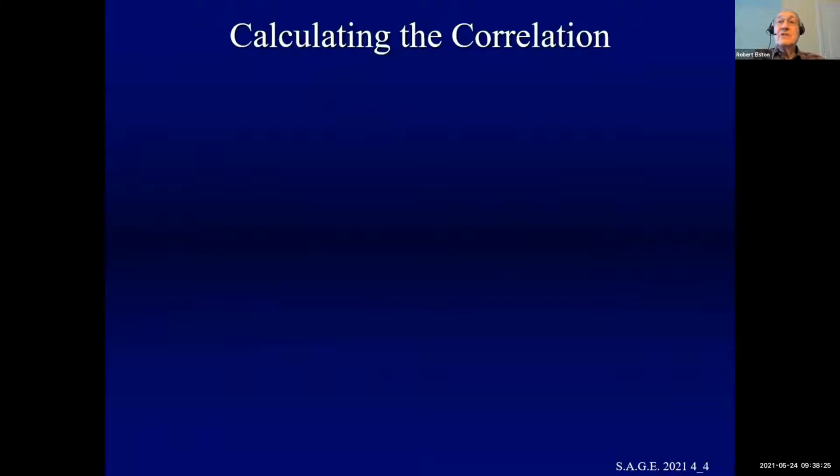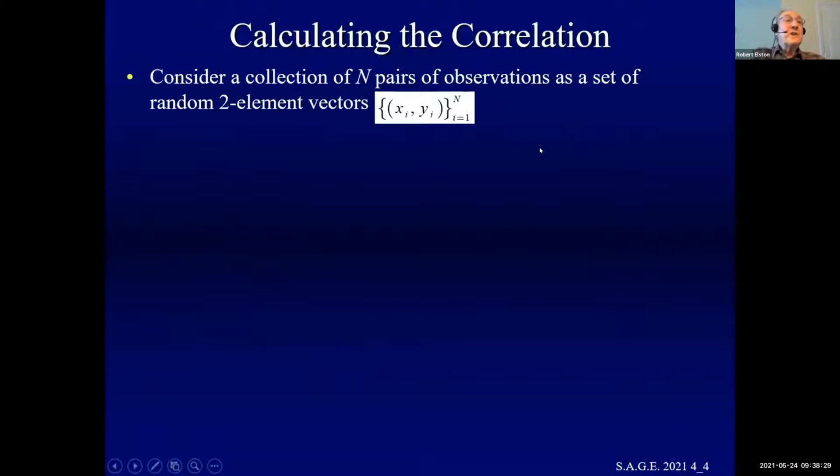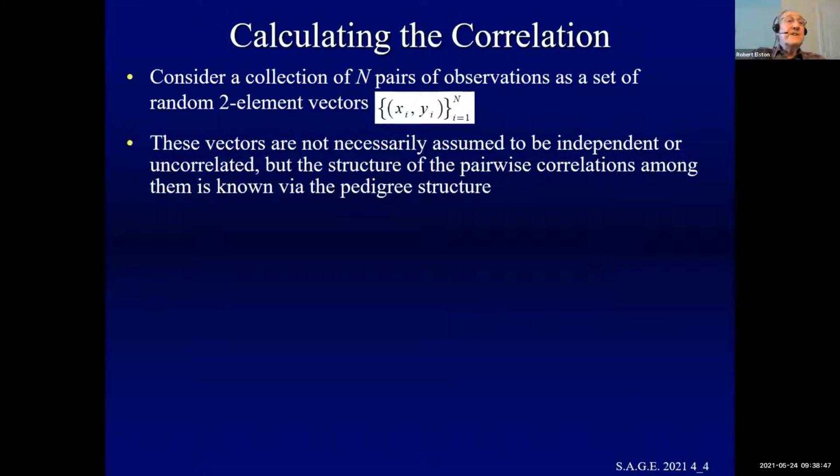Oh, so calculating the correlation. I think I went through this before, but I'm going to repeat it. We consider a collection of n pairs of observations as a set of random 2-element vectors, (x_i, y_i), where i goes from 1 up to n. These vectors are not necessarily assumed to be independent, that's the whole point, or uncorrelated.